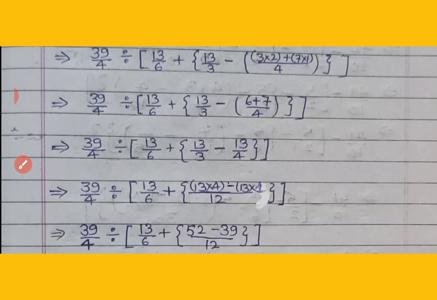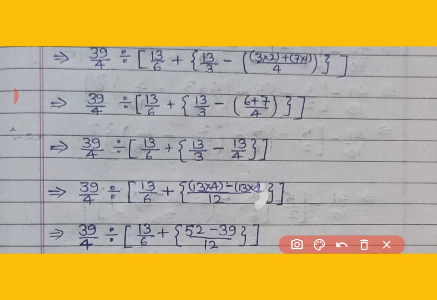Now it became 39 upon 4 divided by, in a large bracket, 13 upon 6 plus, in a medium bracket, 13 upon 3 minus 13 upon 4. Both numbers can be fractionally subtracted, so we will take a common denominator. We have taken a common denominator of 3 and 4. It became 12.